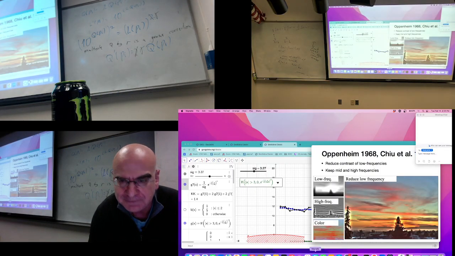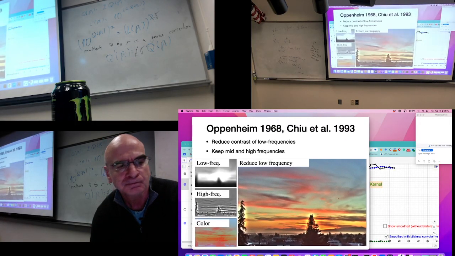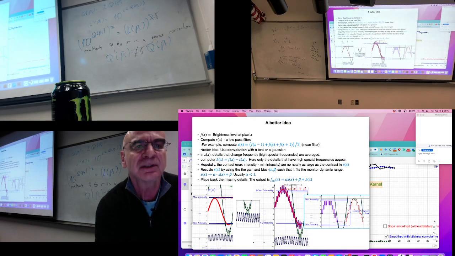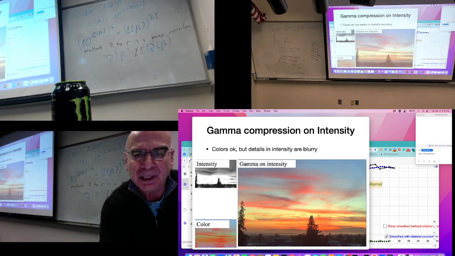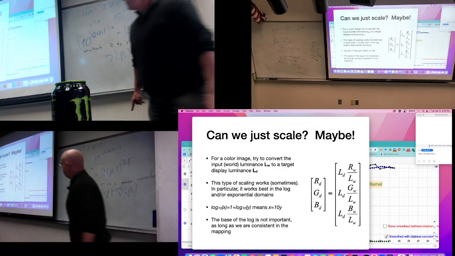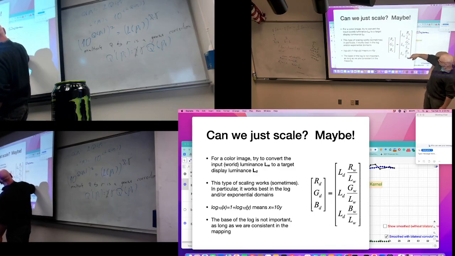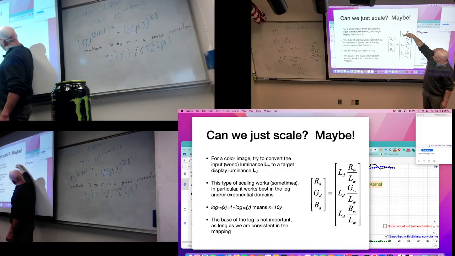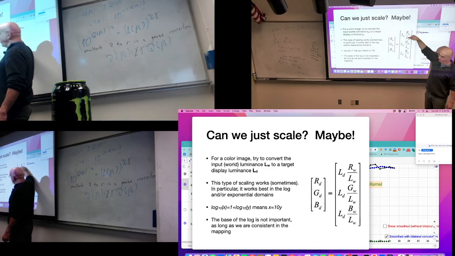Okay, back to the slide. So we covered this one today, what gamma compression is by itself. Here is the formula that I mentioned earlier. The new RGB for the display would be the old RGB, each one scaled by the intensity that you want to assign to this pixel divided by the intensity that this pixel had originally.